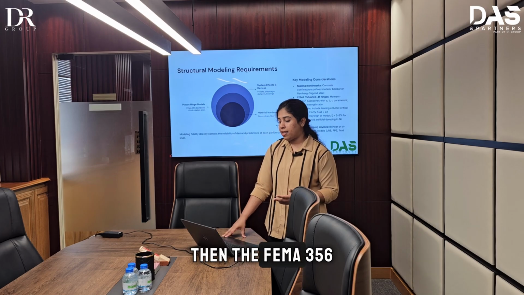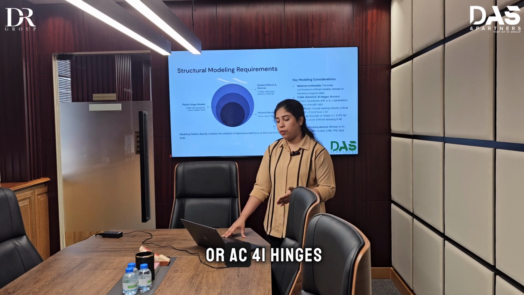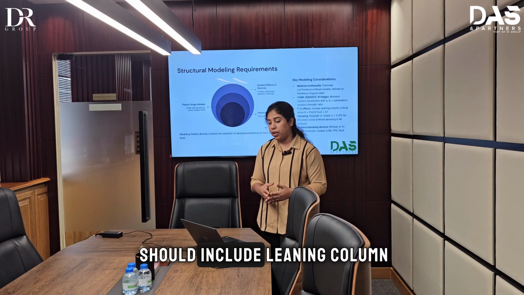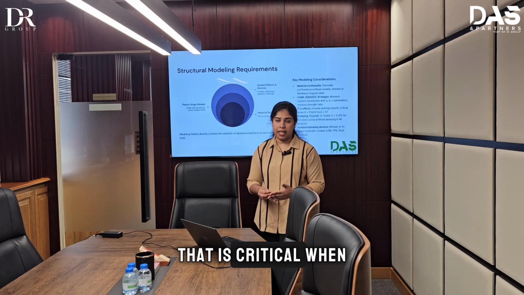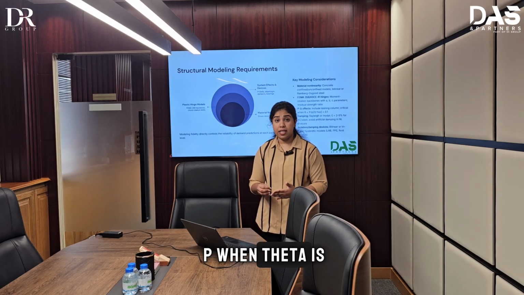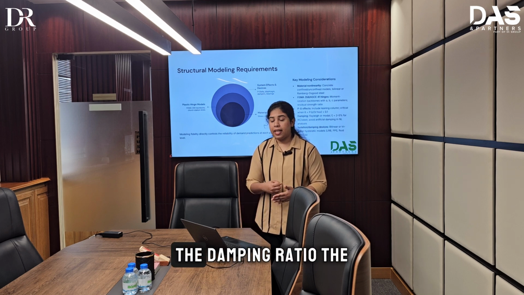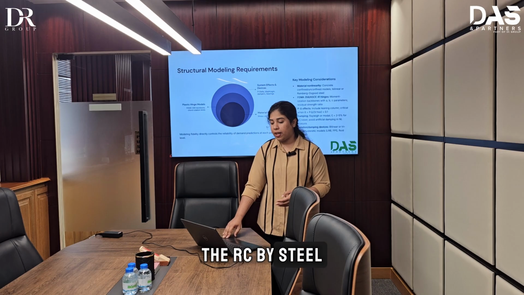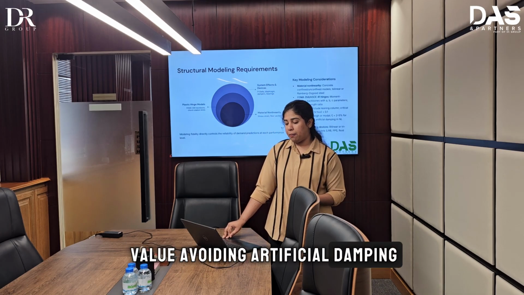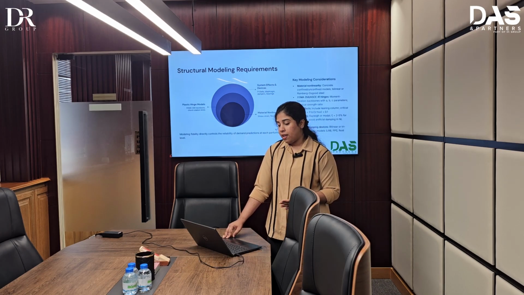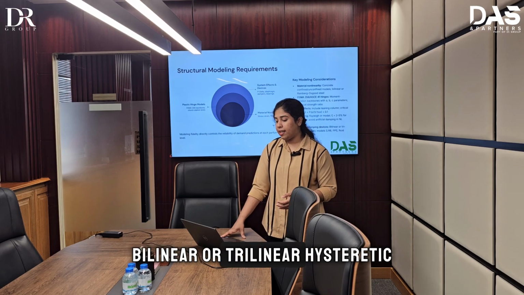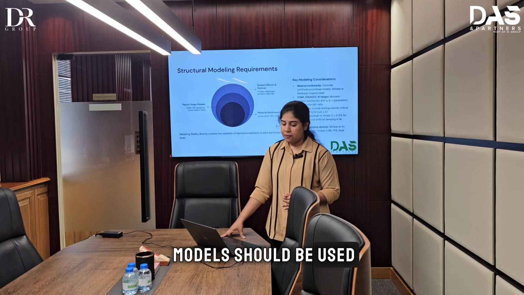Then the FEMA 356 or ASCE 41 hinges should be used, and the P-delta effects should include the leaning column, which is critical when theta is equal to P-delta. For damping, the Rayleigh model, RC or steel value, avoiding artificial damping in NL analysis. Coming to the isolation or damping devices, bilinear or trilinear hysteretic models should be used.